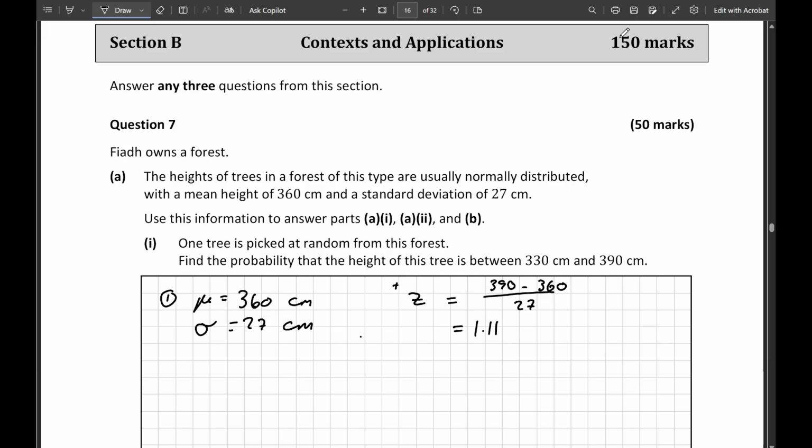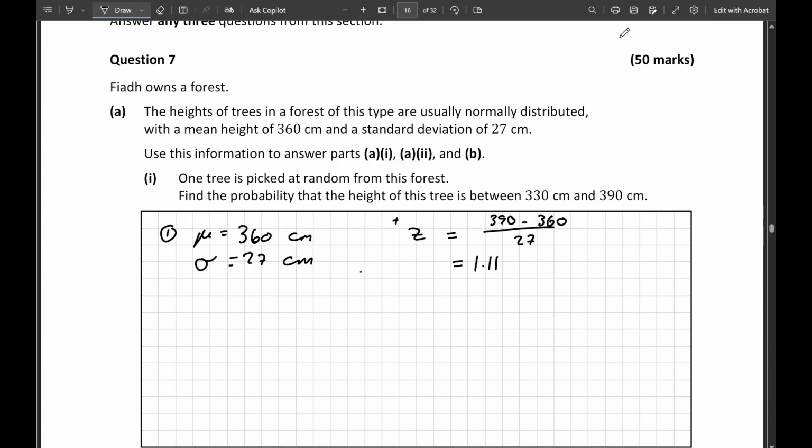So how are we going to work this? I need to actually get log tables. My iPad's literally on my bed, so I'm going to check what the probability of z being less than 1.11 is. But to demonstrate, we're going to be in this region. So the area is the probability that z is less than or equal to 1.11, take away the probability that z is less than or equal to minus 1.11.